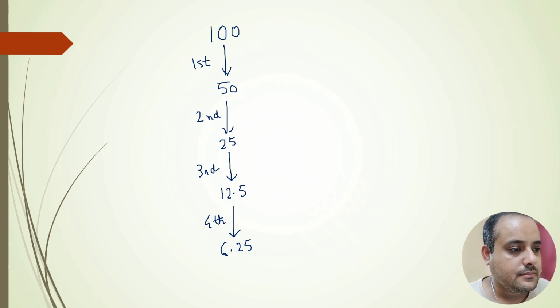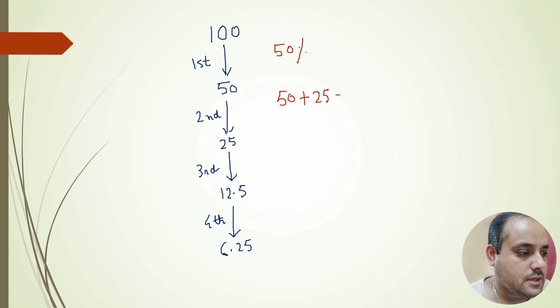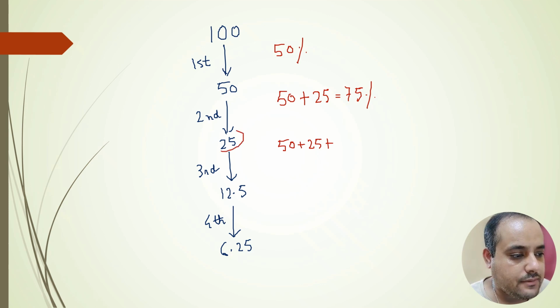So in the first T half I lost 50% of the drug. In the second T half I lost 50% here and 25% here also, 25% this one also. That means in total I lost 75% of the drug. In the third T half I lost 50 plus 25 plus, from 25 I came down to 12.5.